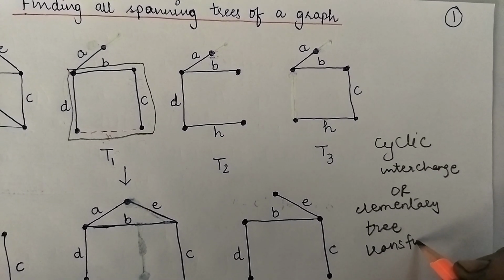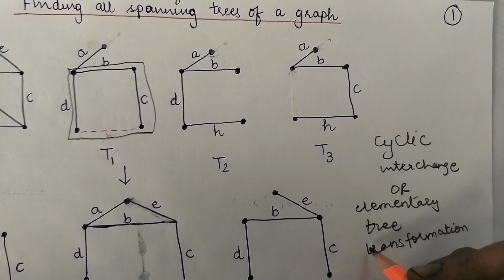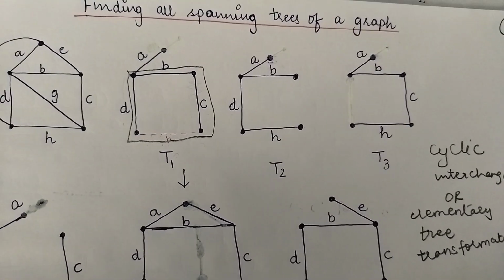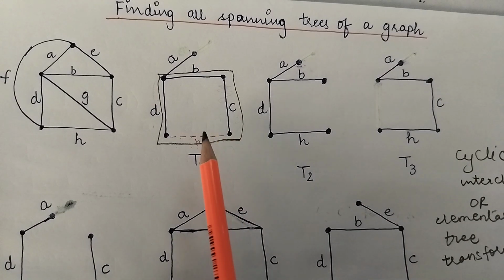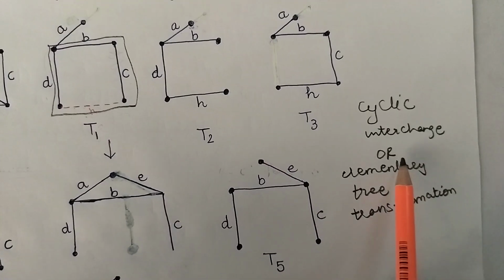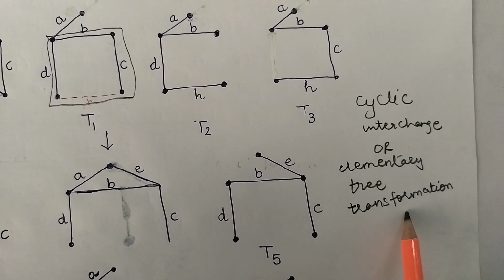So this process of finding another spanning tree from one spanning tree by the addition of a chord to the already existing spanning tree and removal of an appropriate branch from that particular already existing spanning tree is called your cyclic interchange or elementary tree transformation.